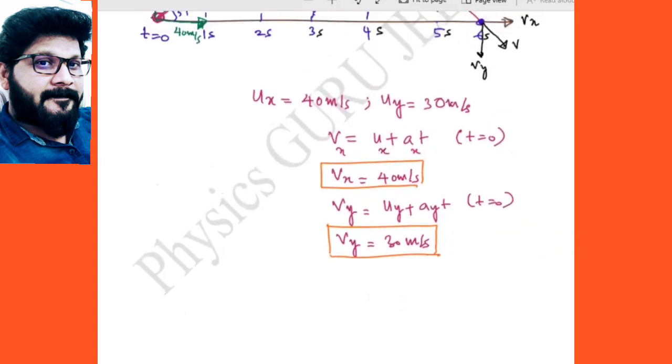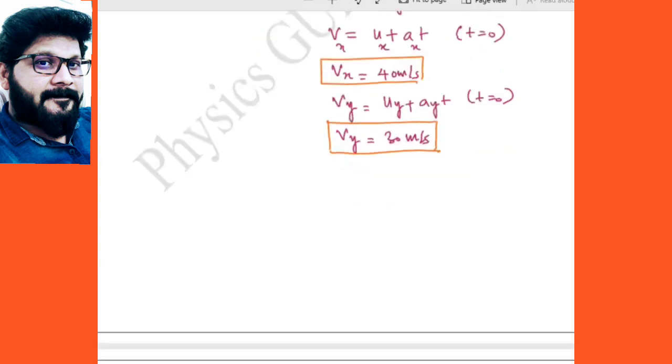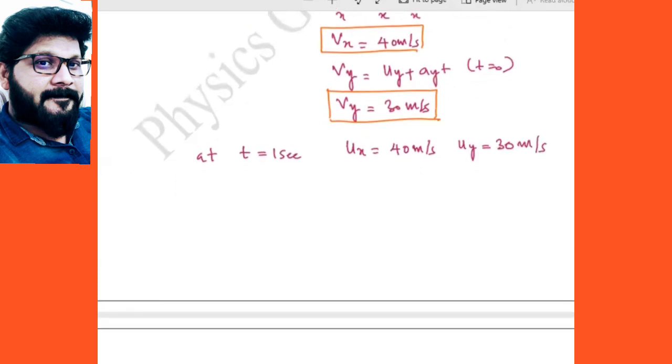Now, can anybody tell, after t equal to 1 second, what are the values? Initially ux is 40 meter per second and uy is 30 meter per second. What are the vx and vy values after t equal to 1 second? v equals u plus at. Come on, anybody can post their answers.